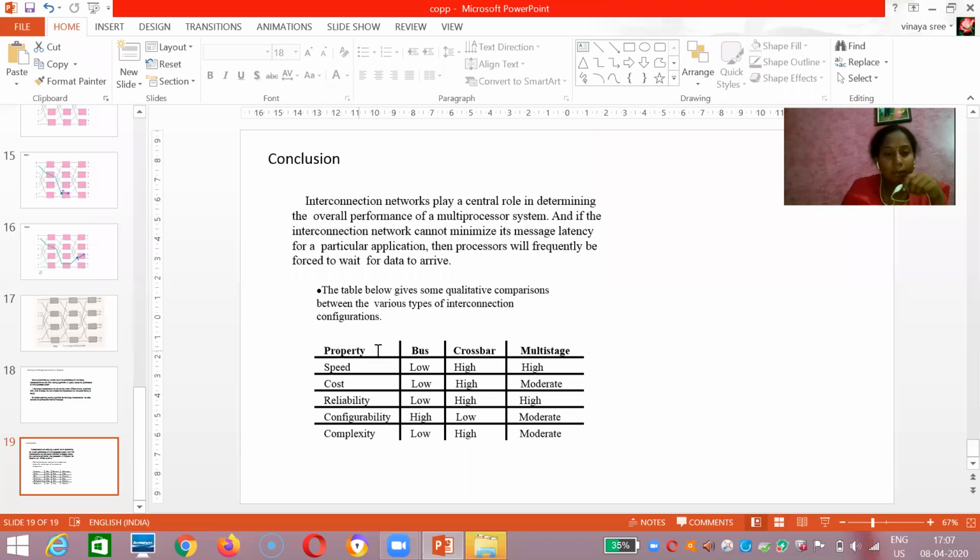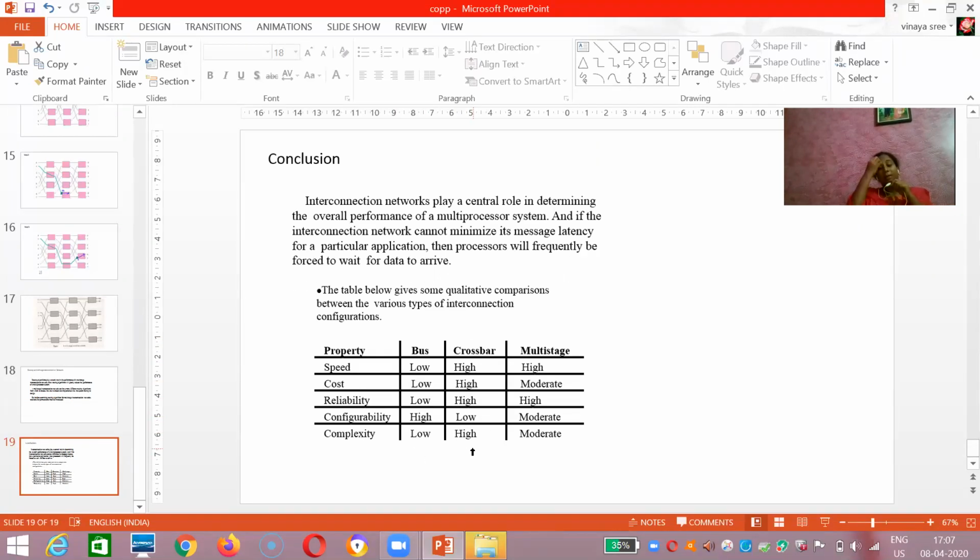So what are the different multiprocessor interconnection structures we have used till now? Common bus, crossbar, multi-stage. When you go for a common bus, speed is low, cost is low, and reliability is less. When you go for a crossbar, speed is high, cost is high, reliability is high, but configurability is low and complexity is high.